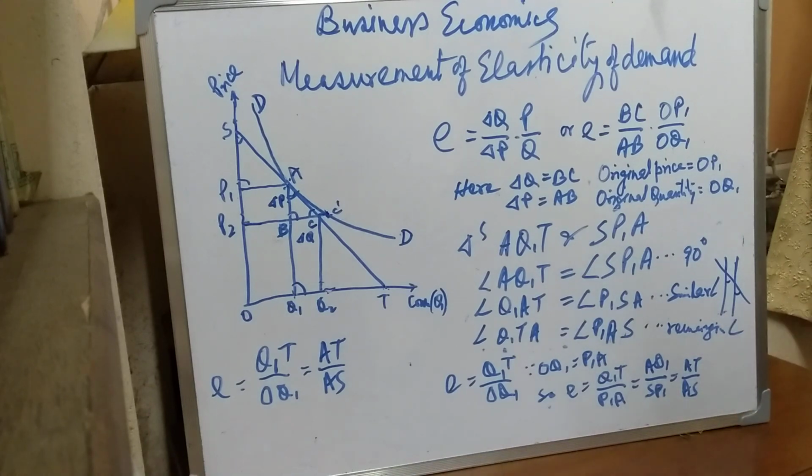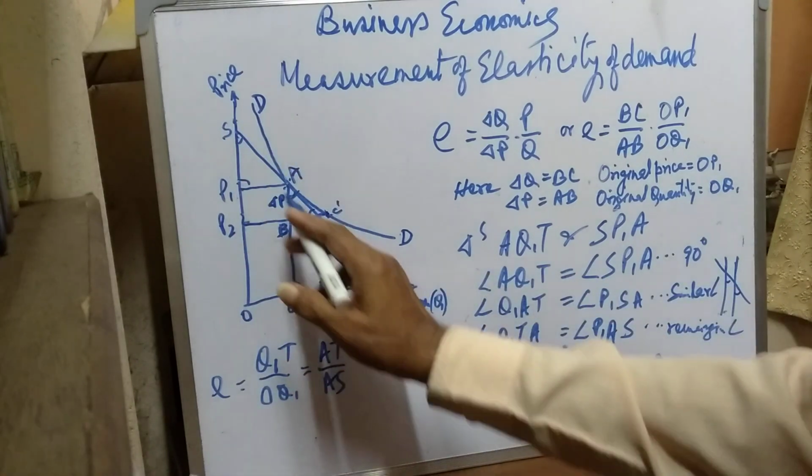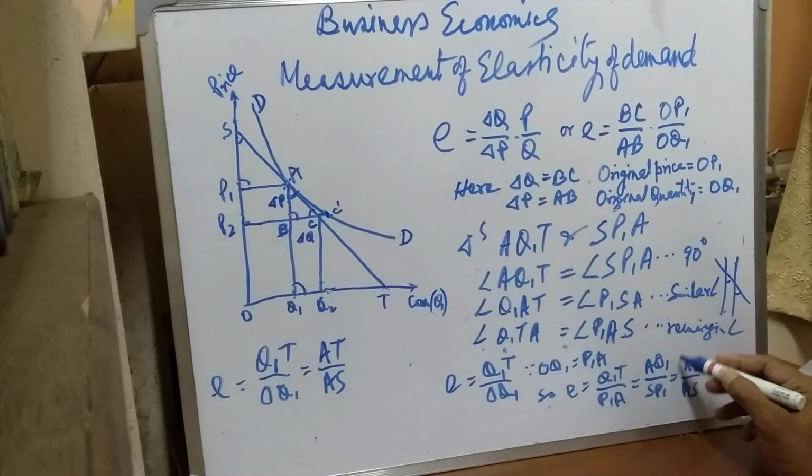So elasticity at point A will be the lower segment of that point by the upper segment of that point, AT by AS. This is the elasticity.